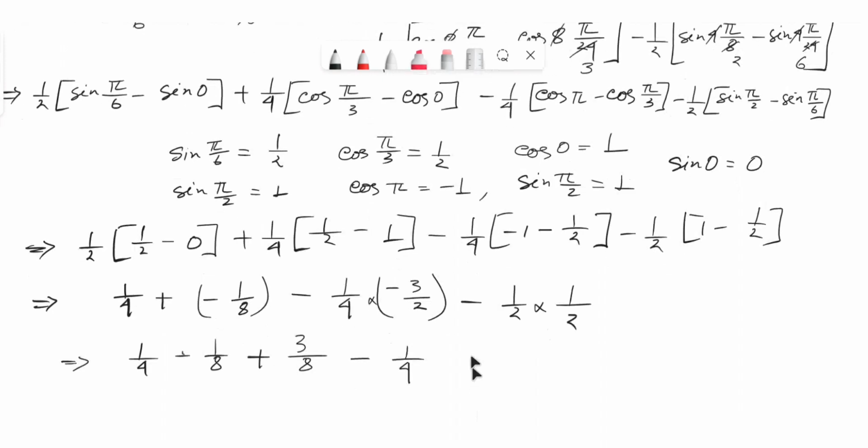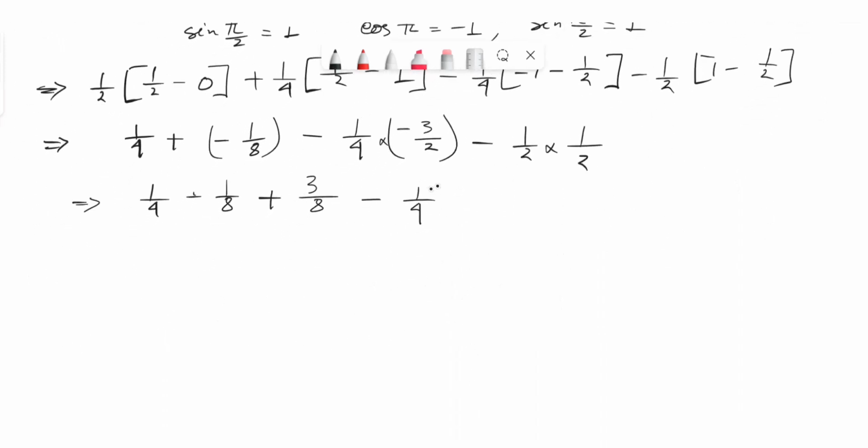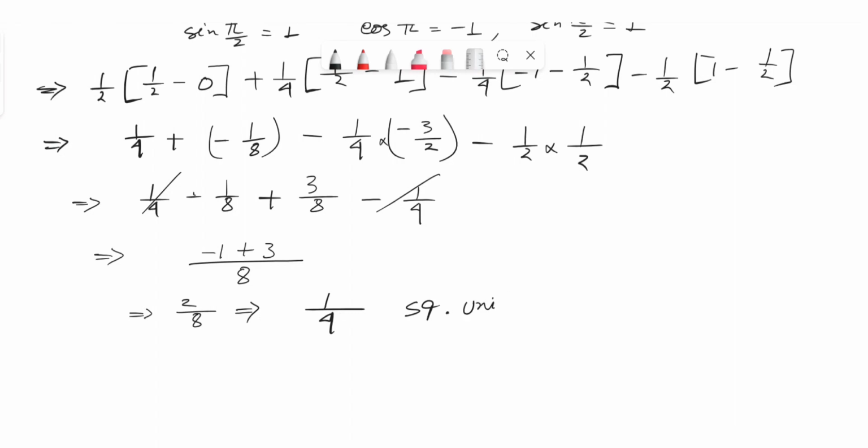So if we calculate this, this will cancel, and simply give us 8 minus 1 plus 3, which is 2 by 8, which will give us 1 by 4. This is in square units, which is the area enclosed. This is the required answer.